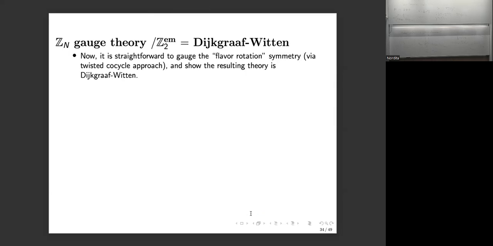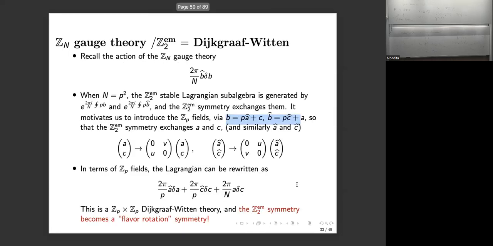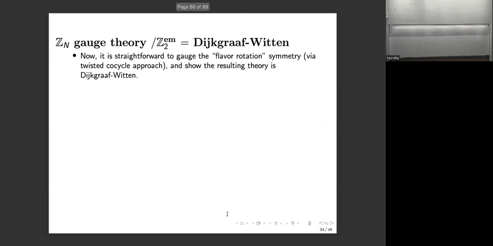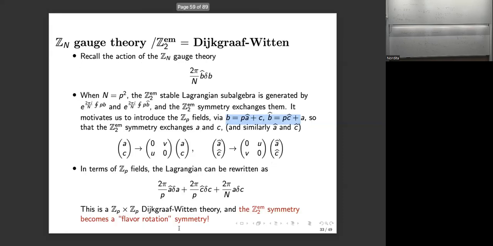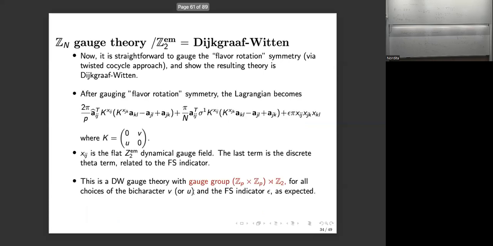Once we realize this nice property, it's straightforward to write down the Dijkgraaf-Witten theory after gauging the Z2 EM symmetry, because gauging the Z2 EM symmetry amounts to gauging the flavor rotation symmetry of this Zp times Zp Dijkgraaf-Witten theory. So one can write down explicitly the Lagrangian of the resulting EM gauged theory.